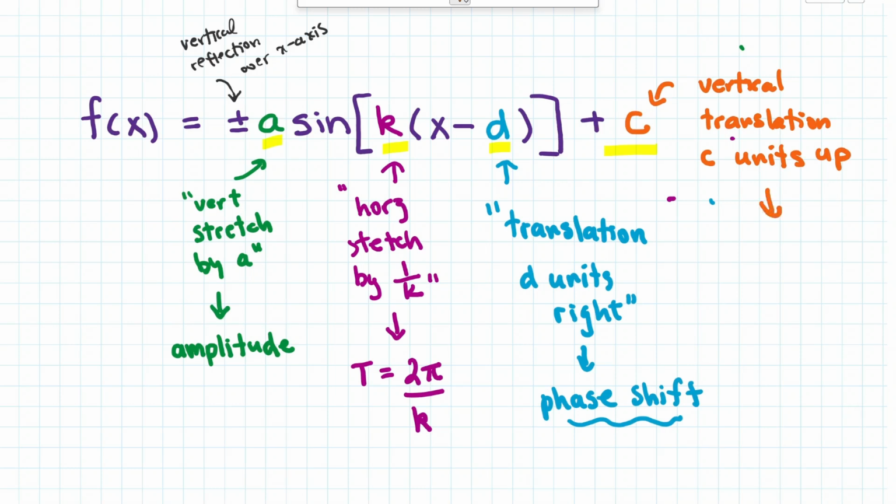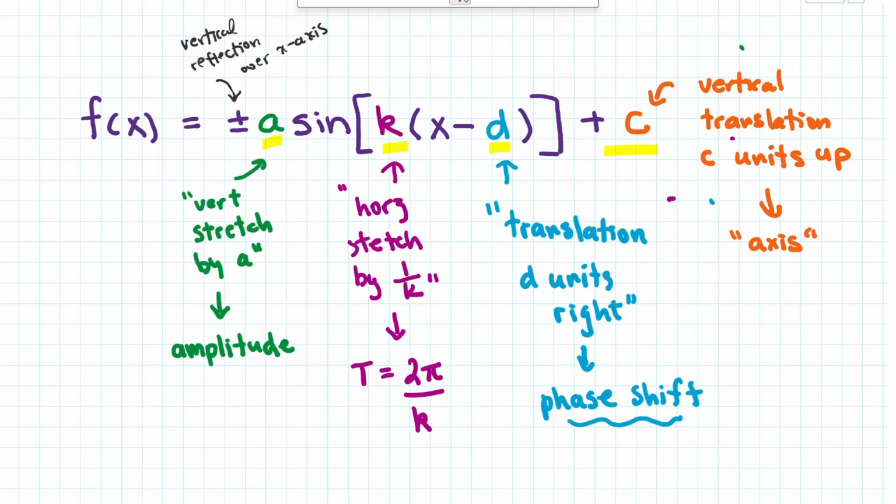In terms of trigonometry, you can still think of it as moving it up or down c units. However, we can also refer to the c value as our axis. So if c equals 0, then the axis of our function remains the x-axis, because that's the midpoint of our function. So with its amplitude, it will go a units up, go back to the axis, and then go a units down.